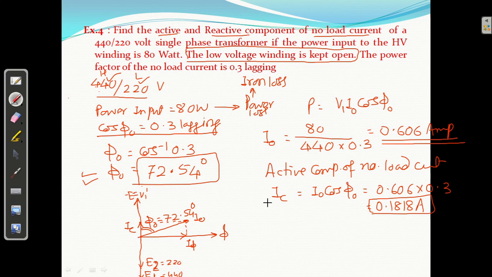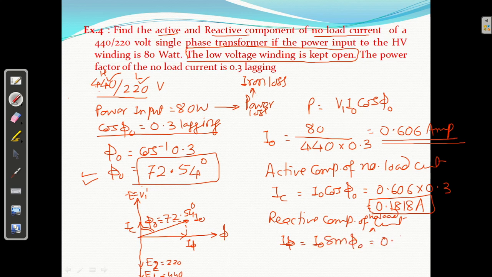Second, it asks to calculate the reactive component of current also. The reactive component of the no load current is the magnetizing component, I phi, which equals I0 sin phi 0.